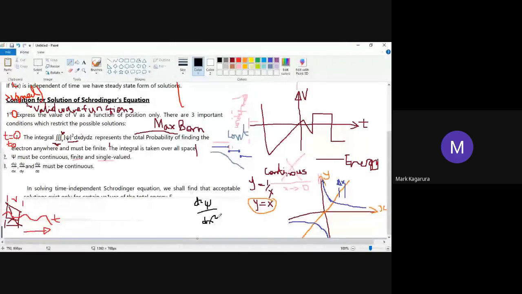So the reason a solution must exist in the derivative is because we'll sort of see what the gradients mean for this wave function, but anyway, dy dx must also be continuous.